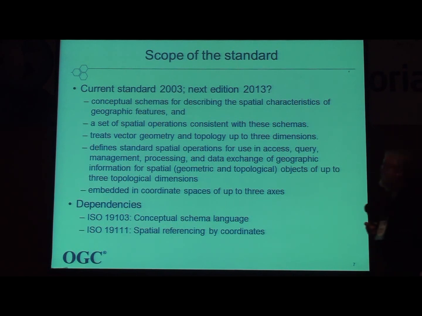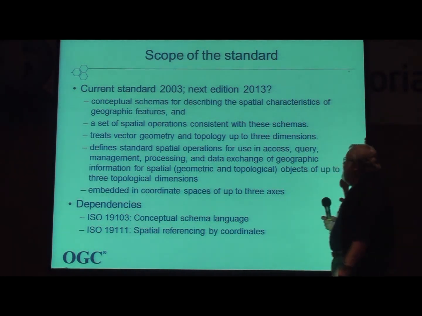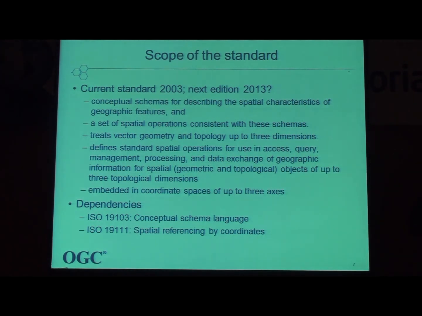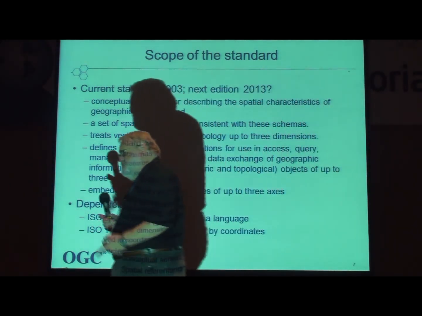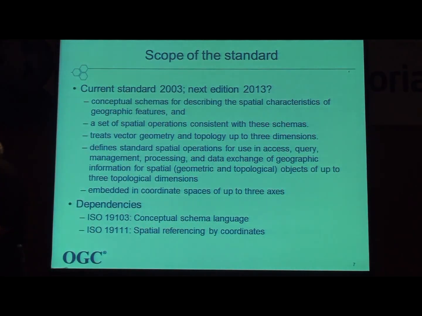What the standard has in it is a conceptual schema for describing geometry, spatial aspects of geographic features. When we originally started out, we were talking map features, points, lines, areas, and so forth. But when we started working on 107, we realized that eventually we'd be talking about 3D, so we didn't say areas, we said points, lines, surfaces, and solids, so up to 3D.